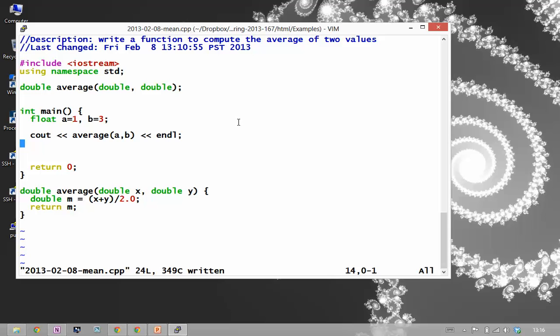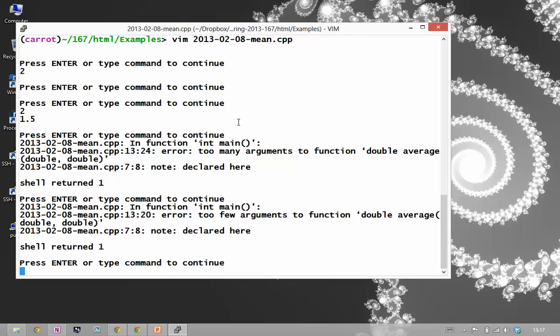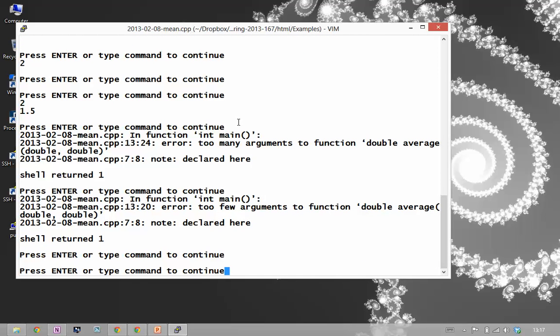It'll either force them to be double numbers, or it'll just not work. Let's just see. So it compiled without any warning at all.